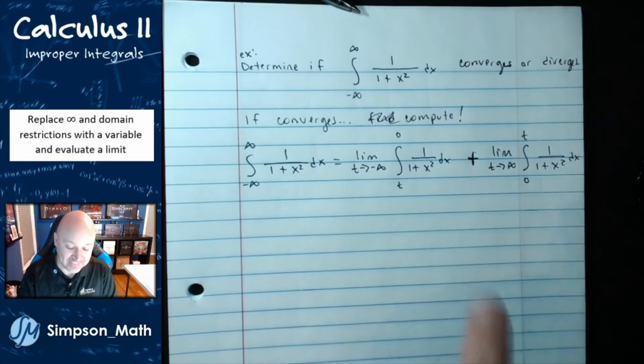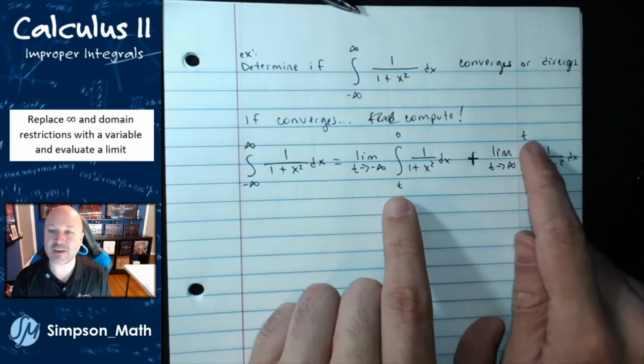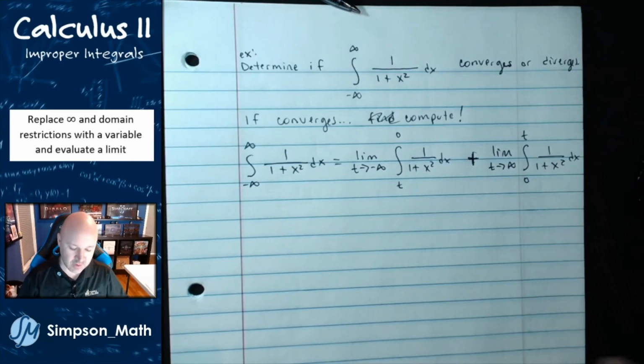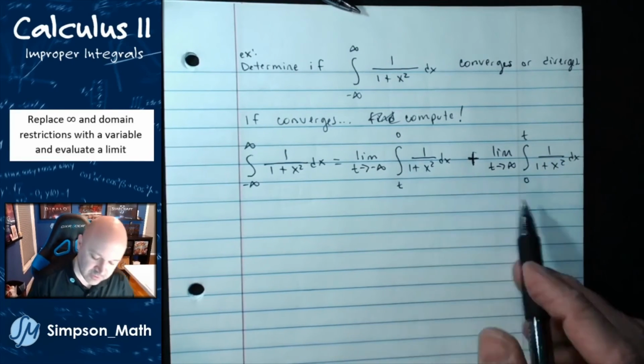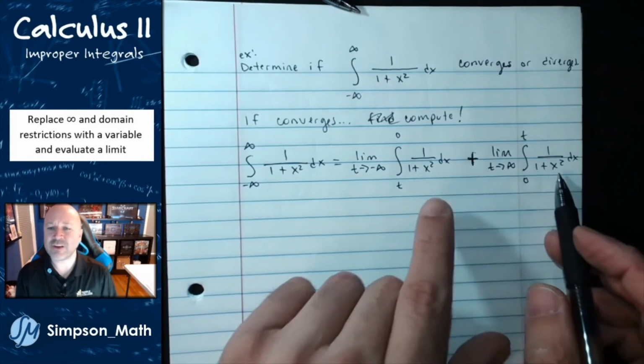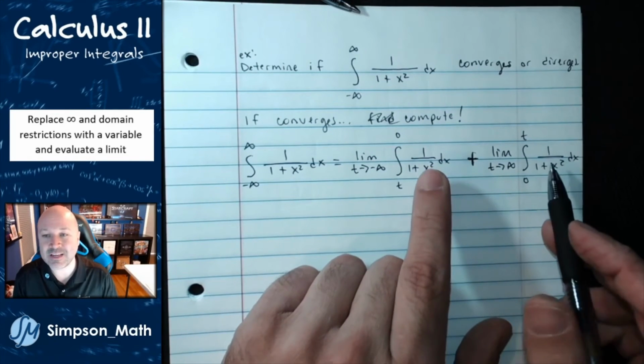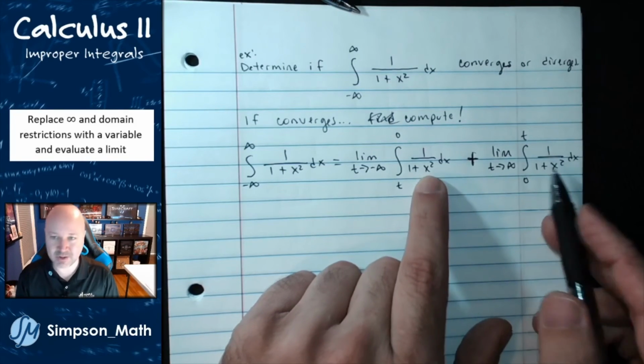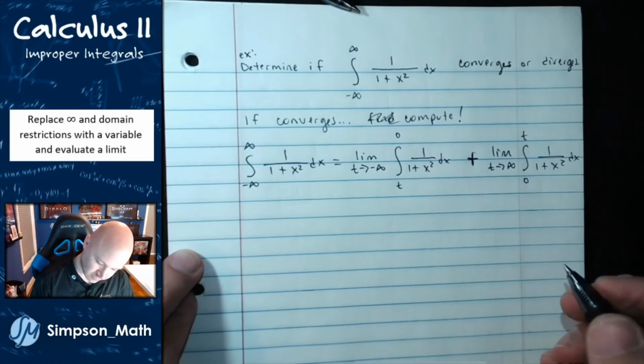Okay. And these two limits are doable because I only have the one variable to worry about. This integration is extremely easy because that is the derivative of arctangent. So the integral of this should be arctangent.